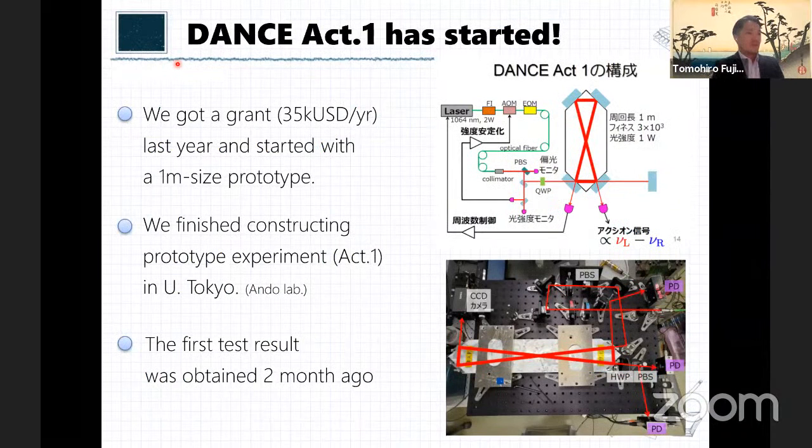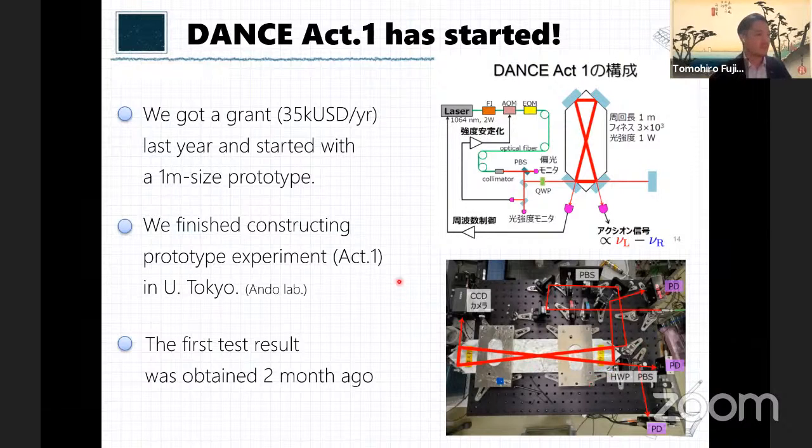Let me tell you a few words about the current status of the DANCE experiment. Last year we got some grant money and started with a 1 meter size prototype. Again, 1 meter means the travel length is 1 meter, so the size is actually 50 centimeters.